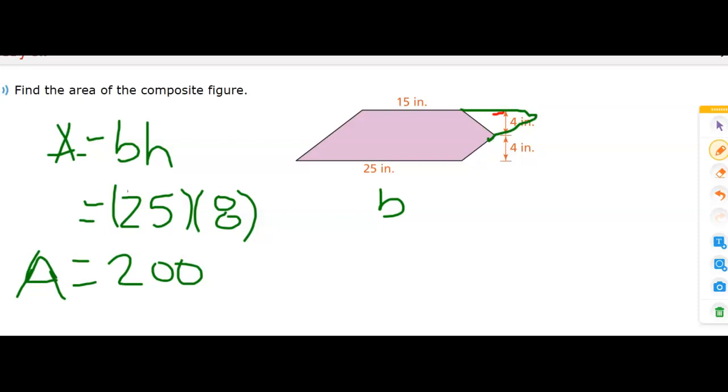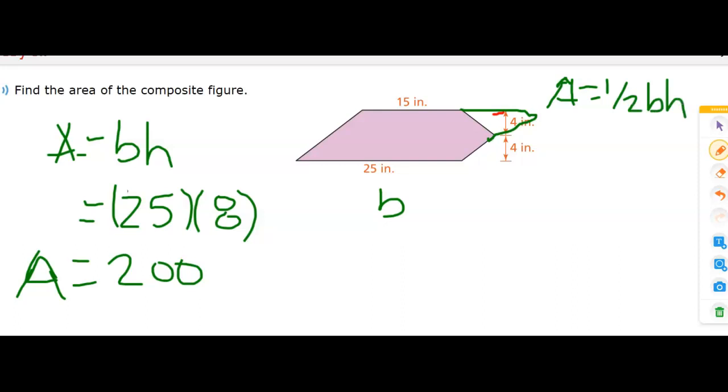Now, this is not a parallelogram, but to find the area of this shape, we had to create or extend it to look like a parallelogram. Now we have to find the area of this triangle here, and the formula for a triangle is area is equal to 1/2 times base times height.